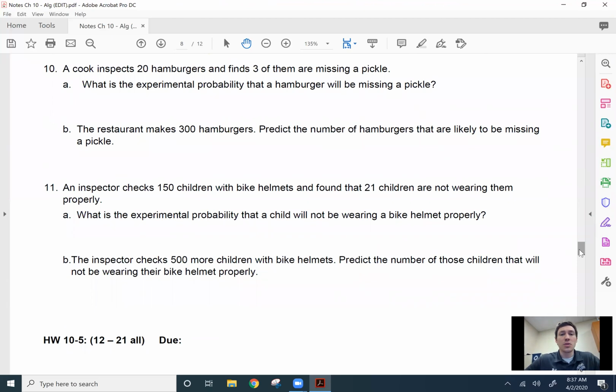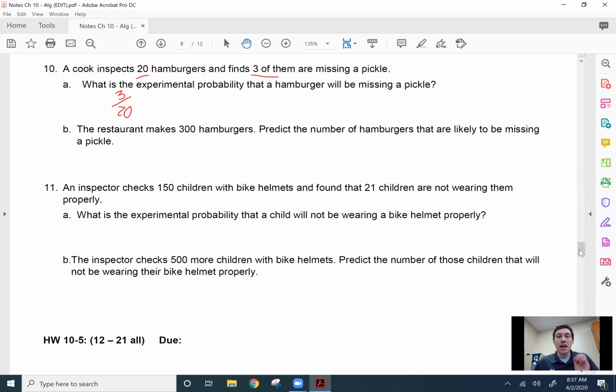Cook inspects 20 hamburgers and finds 3 of them are missing a pickle. What is the experimental probability that a hamburger will be missing a pickle? Well, if 3 of them are missing out of the 20, it would be 3 of 20. It says the restaurant makes 300 hamburgers. Predict the number of hamburgers that are likely to be missing a pickle.